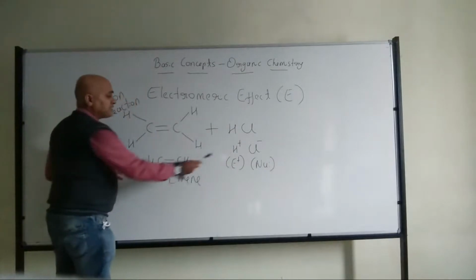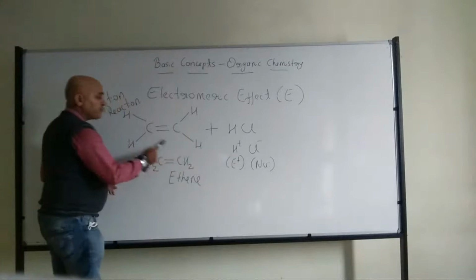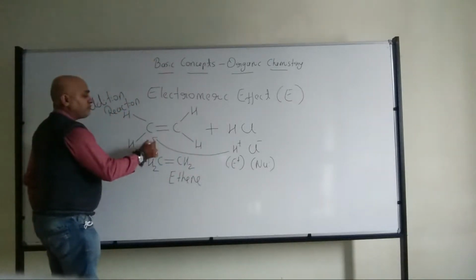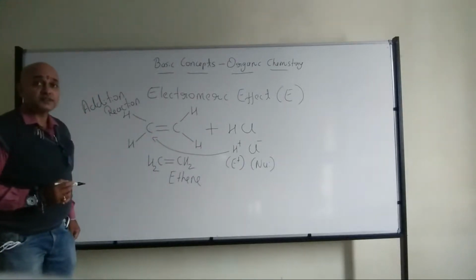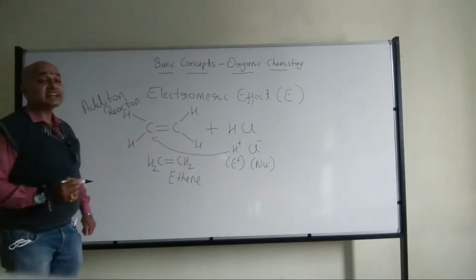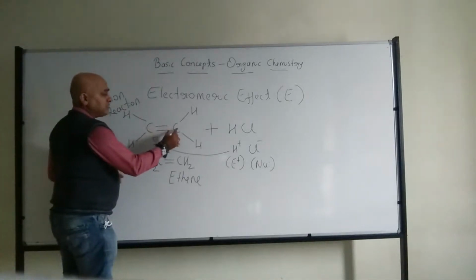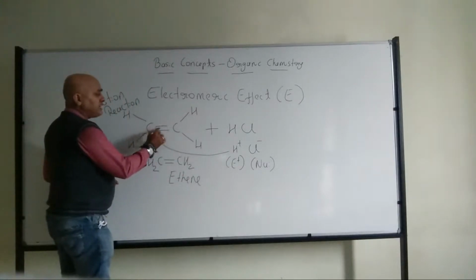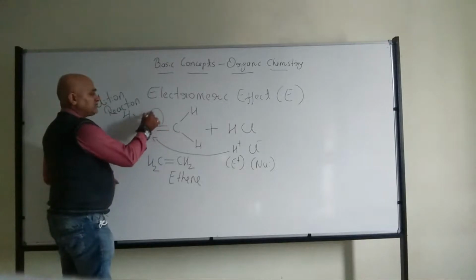So if this carbon is ready to take the electrophile, then it should have the extra electron. So it will tell the other carbon that I will take the electrophile, so whatever pi electron is there, even your electron, you give it to me.